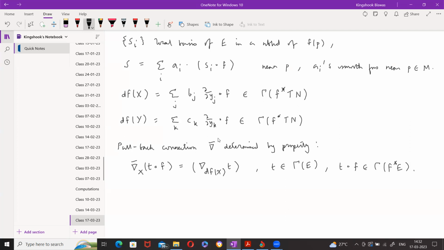Yes. So the pullback connection is determined by this property. That's why we write S as a linear combination of functions on M times sections on N composed with f, because then we can use this compatibility property.